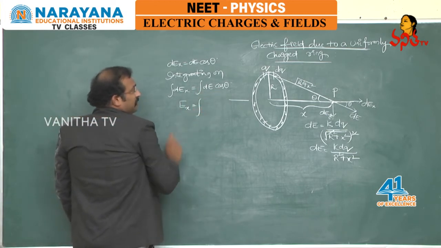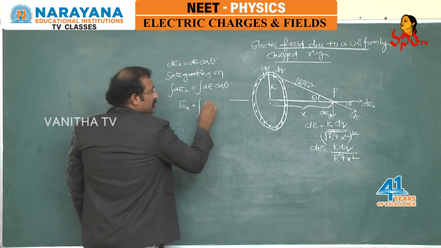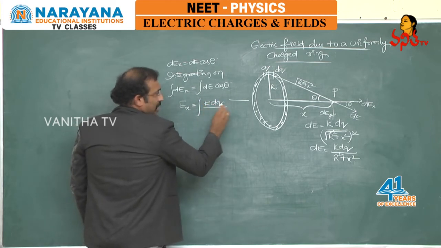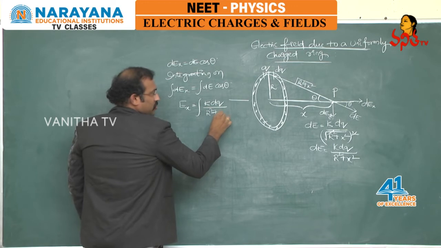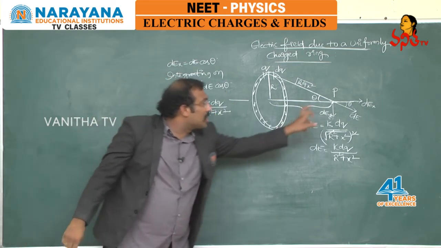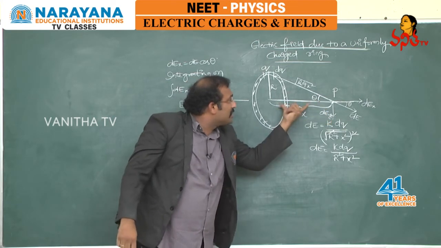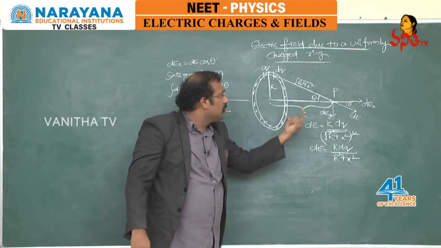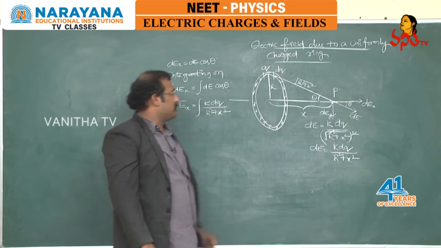So integral of dE, where dE is k dq by r square plus x square. What is cos theta? Cos theta is adjacent side by hypotenuse, so x by root of r square plus x square.